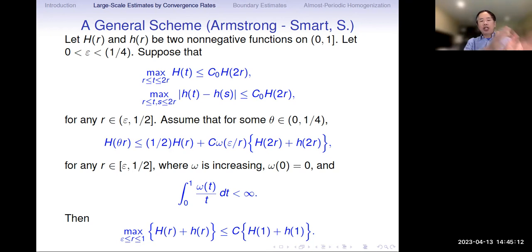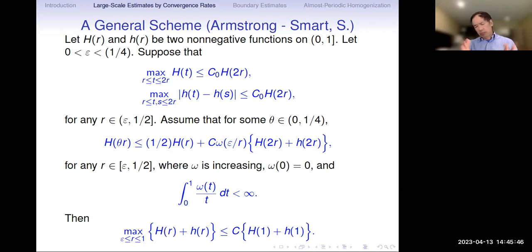When you go from theta r to r, you expect this function to decay, well, to increase. So here I multiply by 1/2, and then you generate an error term, and that will just be omega of epsilon over r, plus that sum of two terms. So what we want here is for this omega to be Dini continuous.